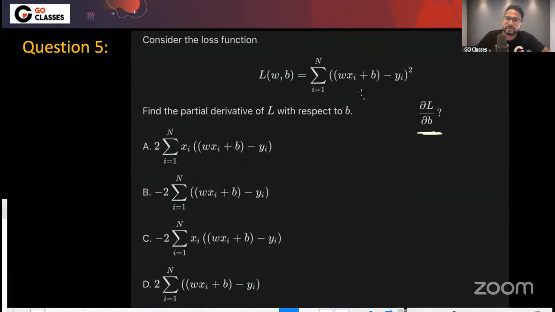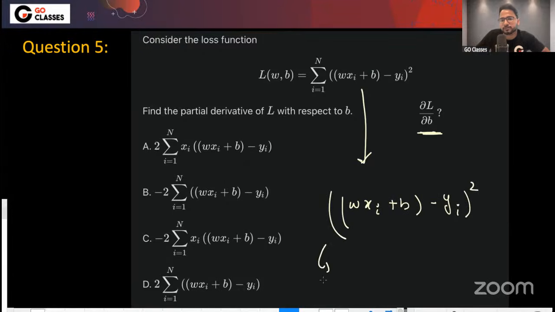Now, let's differentiate this with respect to b. Don't worry about the summation or the index i. You can just differentiate this term, and we will put the summation later on. So, the differentiation of this term with respect to b will be 2 into (w xi plus b minus yi).